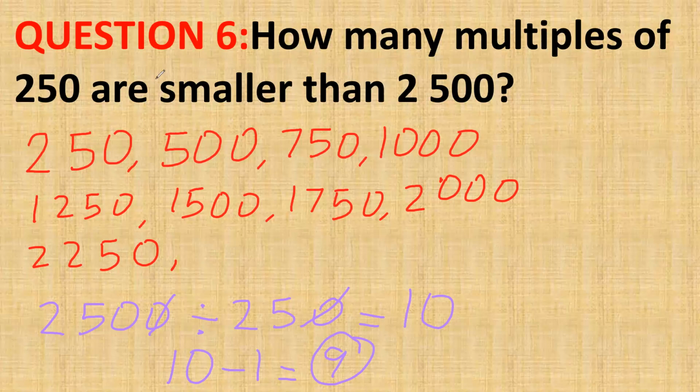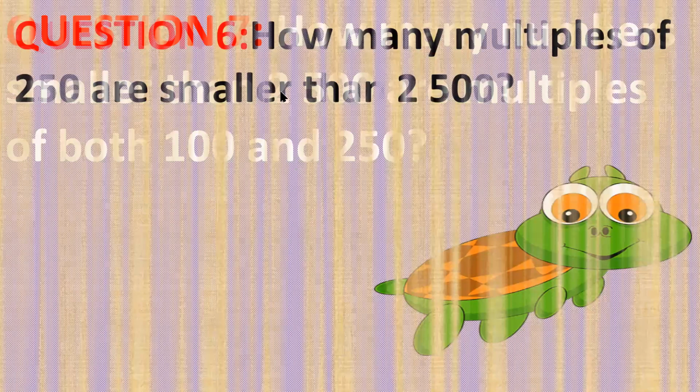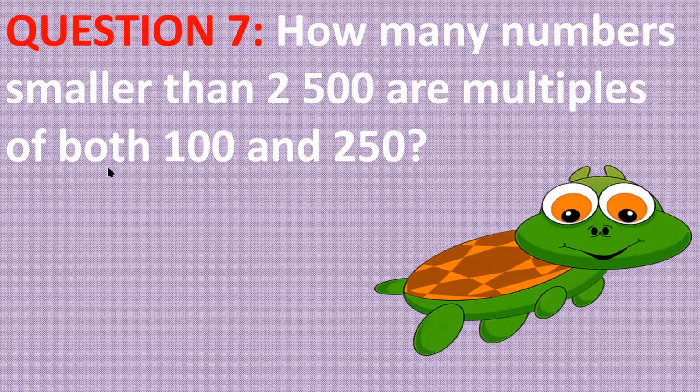Let's continue with the next one. I hope you are getting it. So let's try the next question. How many numbers smaller than 2,500 are multiples of both 100 and 250? Wow, it's getting complicated. So what we are going to do, we need numbers that are multiples of both 100 and 250.